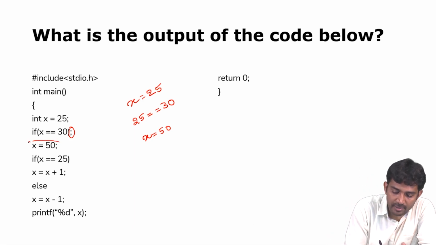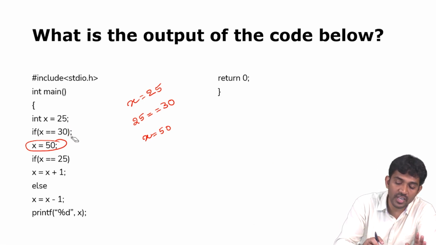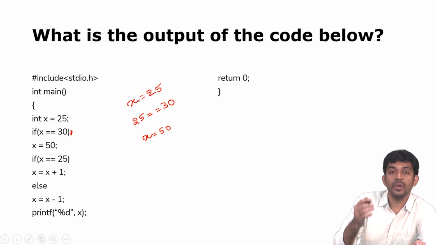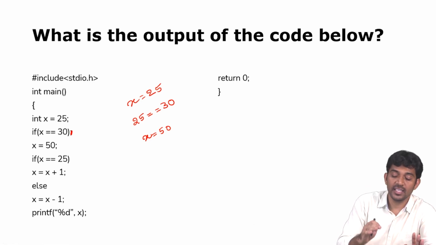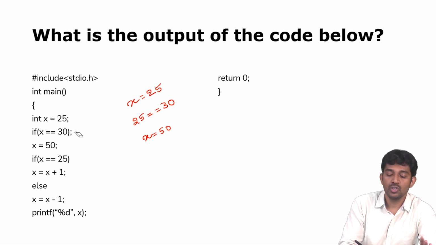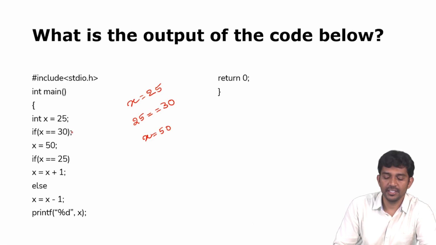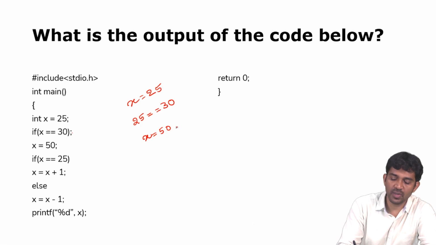This is a free statement. There is no dependency on the if because of the semicolon. If the semicolon is not there, definitely the x value would remain 25 only. But here the semicolon is there. That is why the effect of the if condition is closed here only, right? And now the x value is 50.